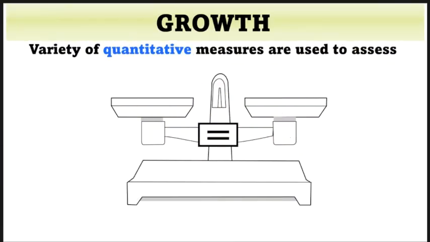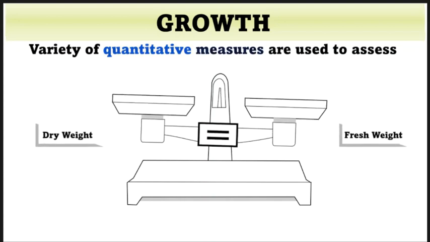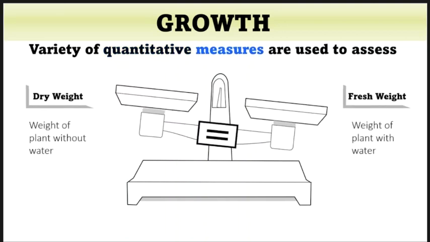So growth can be assessed by a variety of quantitative measures, and dry weight and fresh weight are the more frequently used measures. Here, dry weight is nothing but the weight of the plant without water, so usually it comes very low, and the weight with water is called fresh weight.